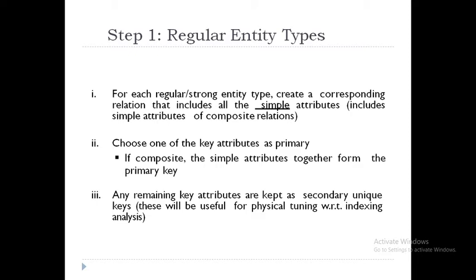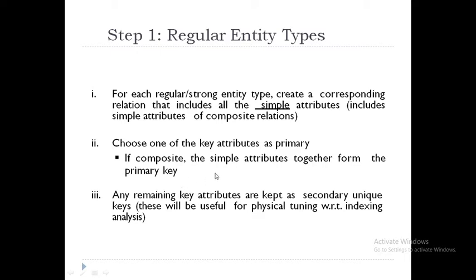Then choose one of the key attributes as primary. You may have more than one key in the entity type, so among those you have to select one key attribute as primary. Now if you have a composite attribute, then the simple attributes together form the primary key.